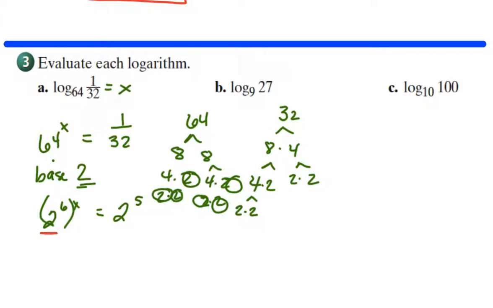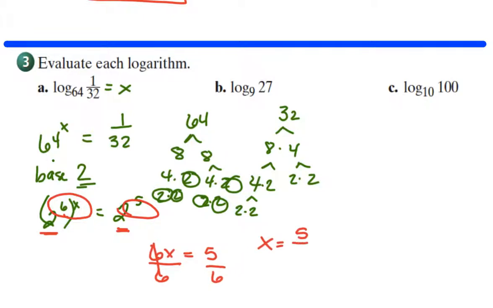Now we have the same base here, so that means we can set these equal to each other. So we have 6x equals 5. Solving this for x, we divide by 6. So x equals 5 over 6. There you go. That would be the answer for A.